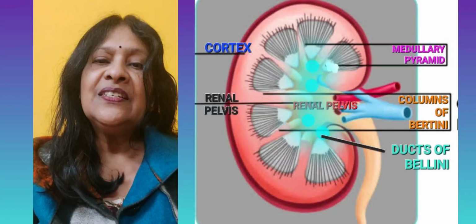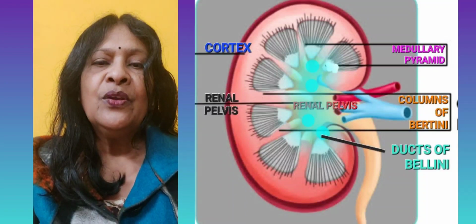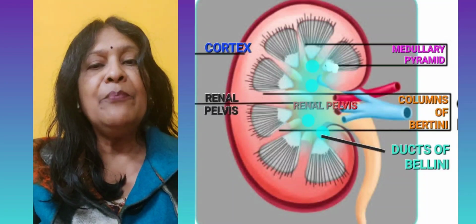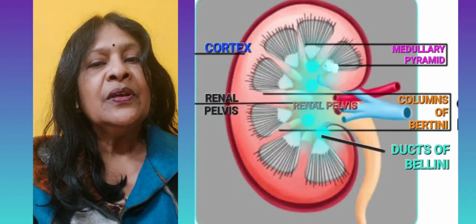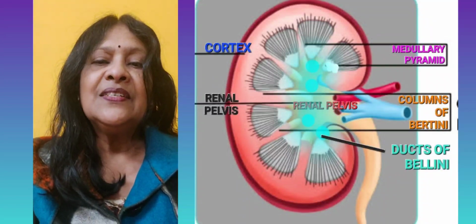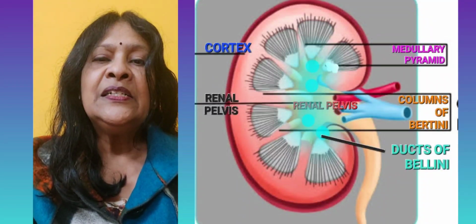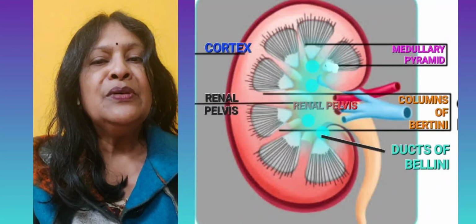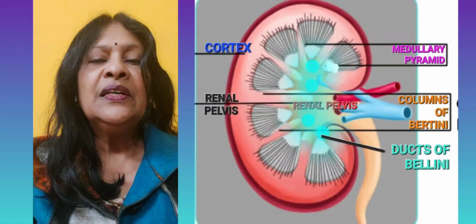Now what will this duct of Bellini do? When the collecting ducts are coming out of the pelvic region of the medulla, the pelvis is indeed a slightly swollen part of the ureter emerging out of the kidney.